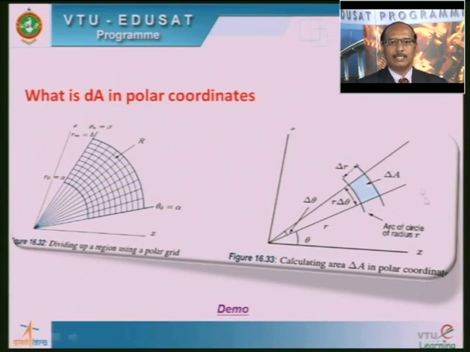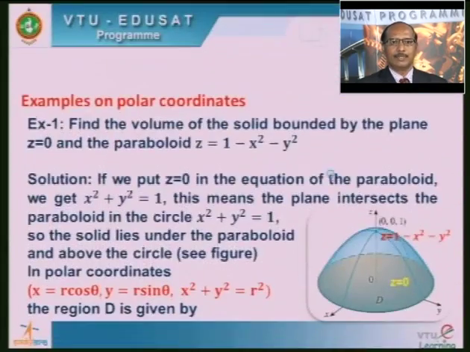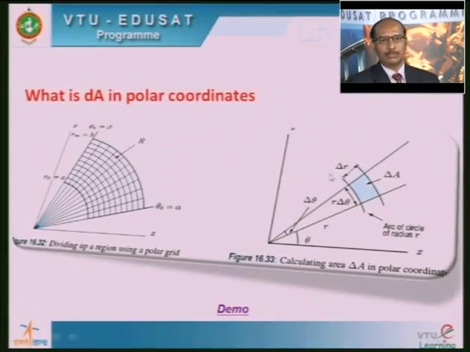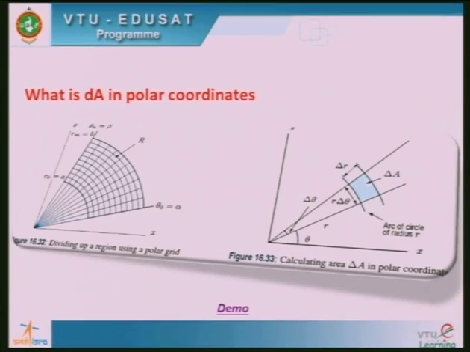So, that is the small area. Like that, adding all those areas, you will get dA. Okay, this concludes how the conversion from Cartesian to polar, that is the change of variables, works. In the next session, we will go to the examples, how to solve them using polar coordinates. Thank you.